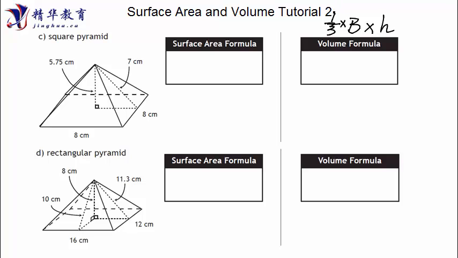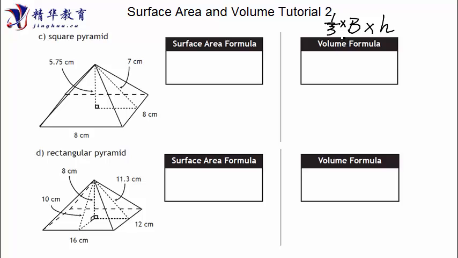Why 1/3? You don't learn exactly why until your first year of university. If you like, you can check my calculus 2 videos, but I don't think it makes sense for you for now. If you're interested, please go ahead and check it out, and you will find out how this 1/3 is calculated.